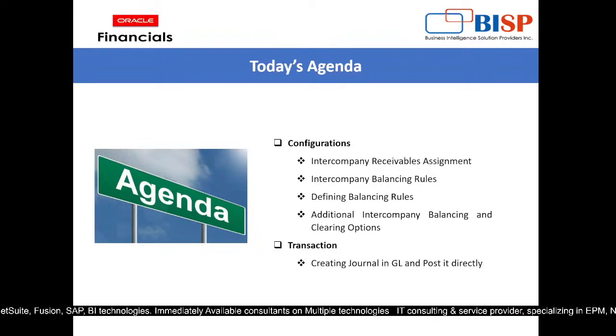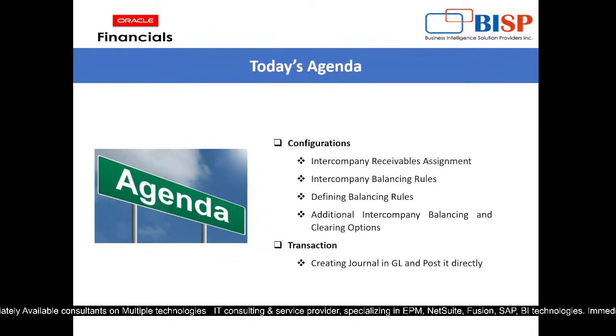And if we have the requirement of additionally creating some intercompany balancing and clearing option, we can also go for that for our primary ledger, secondary ledger. Say we have three balancing segments for our system and we have defined one for the balancing rule, then the other two we can include in this additional intercompany balancing and clearing option.